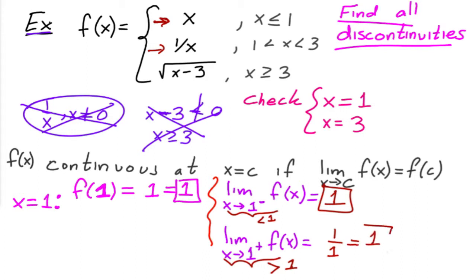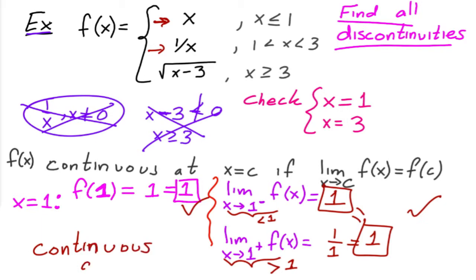So notice that the limits as x approaches 1 from the left and the right are equal, so check. And they also equal the value of the function at 1. So that means that this guy is continuous at x equals 1.